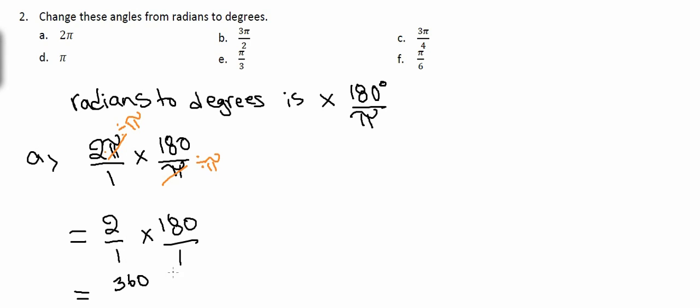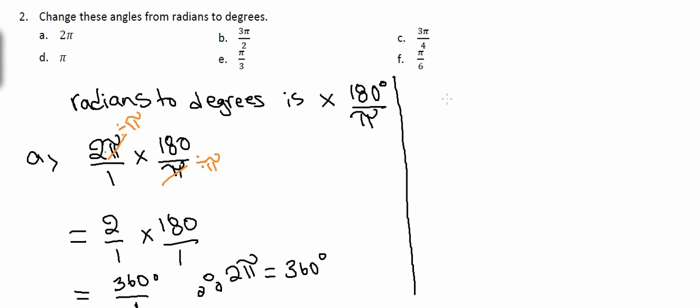And the bottom two numbers, which leaves me 1. So therefore, 2 pi radians is equal to 360 degrees. And as you saw in the last video, pi is equal to 180 degrees, so it kind of makes sense. They're both double. Alright, so I'm going to make another separating line here, and we're going to try another one.